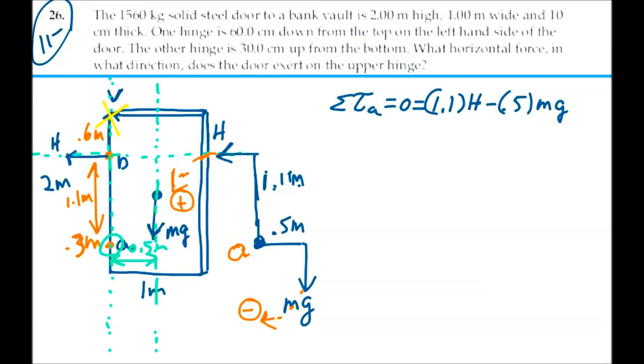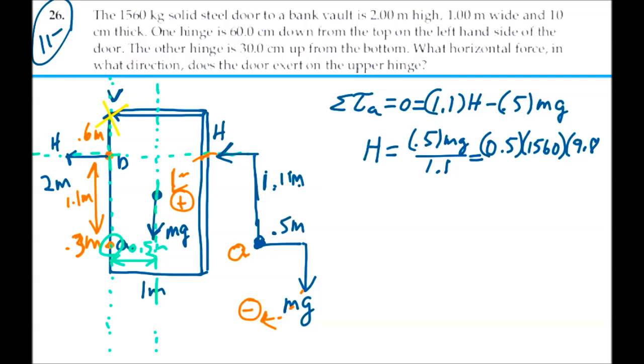Solving this for H, we have H equal to 0.5 mg over 1.1, which equals 0.5 times the mass, 1560, times 9.8, over 1.1, and that's equal to 6,949 newtons.